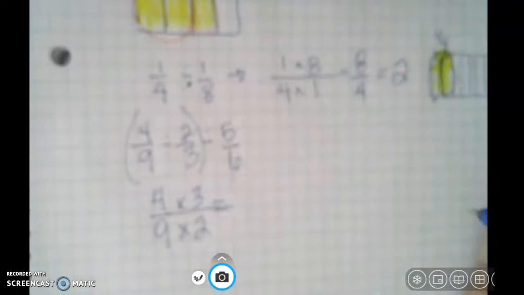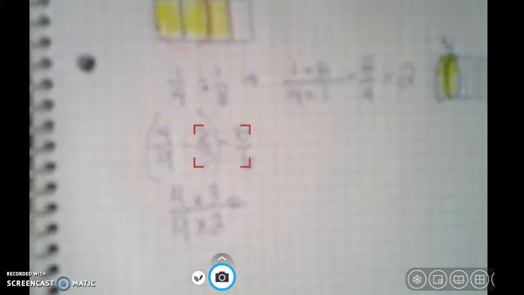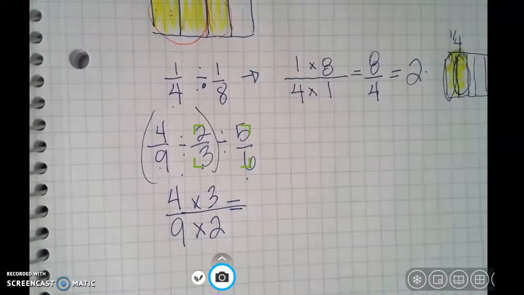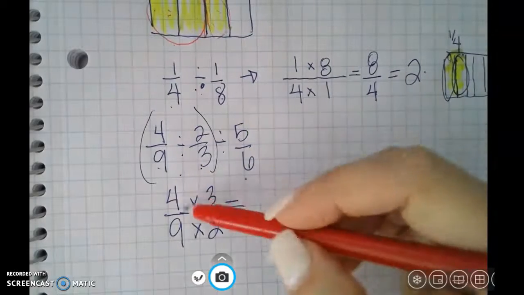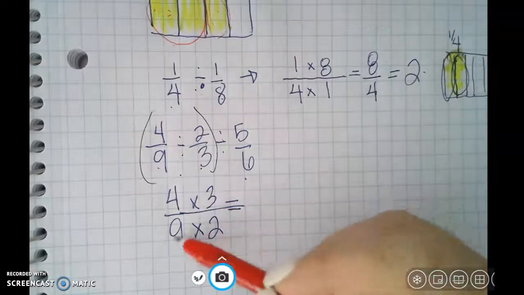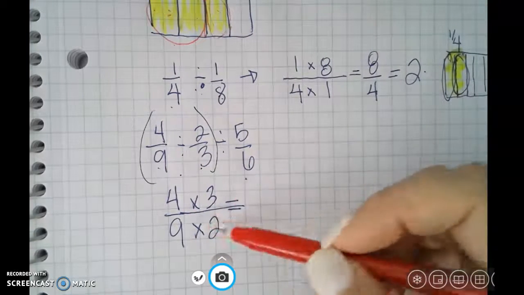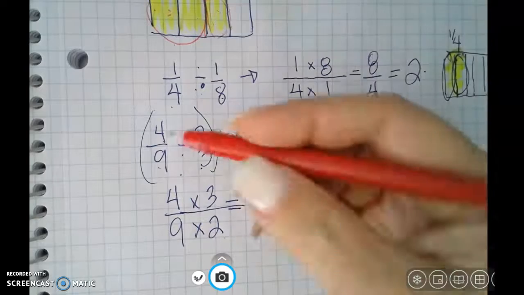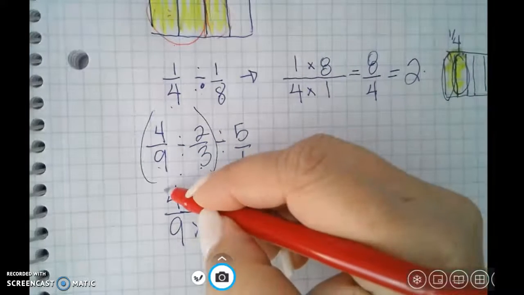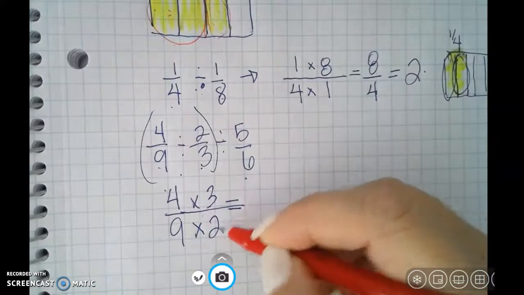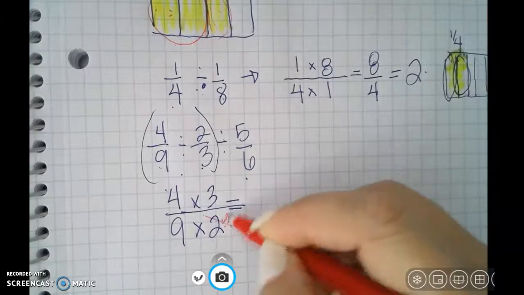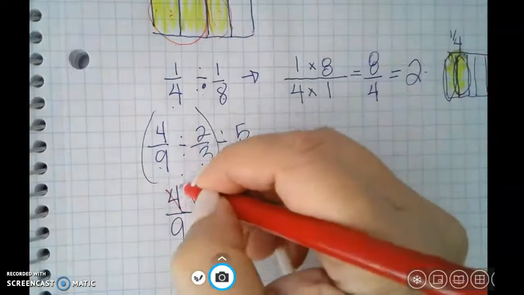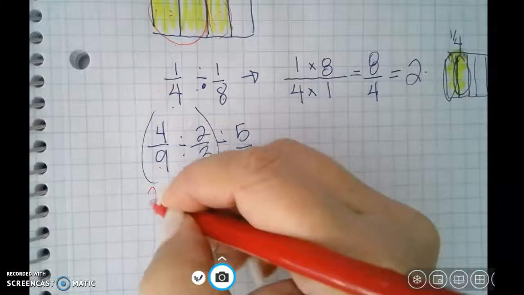Well, I'm going to teach you a really quick fun trick. You can do what's called cross cancellation. You can simplify diagonal pairs. So if I look at 4 and 2, the greatest factor that goes into both of those is 2. So I can divide 2 by 2, and I can get 1. 2 goes into 4 2 times.